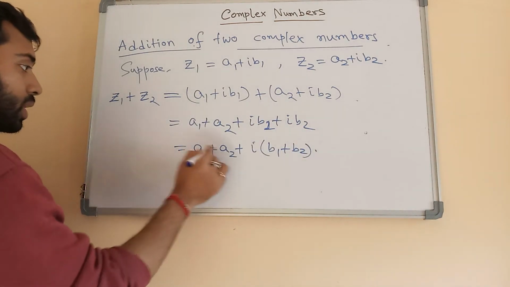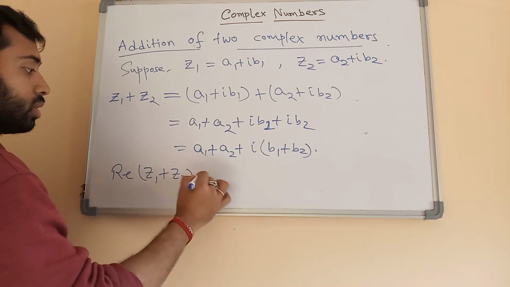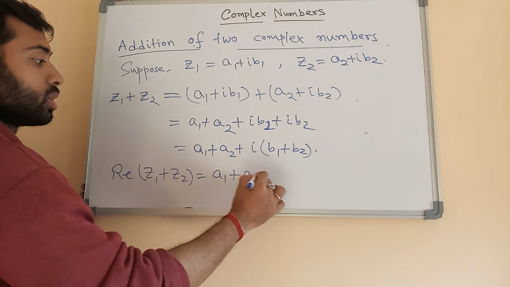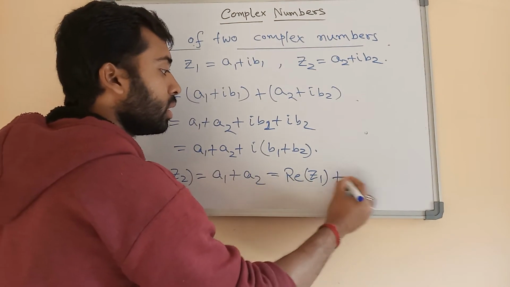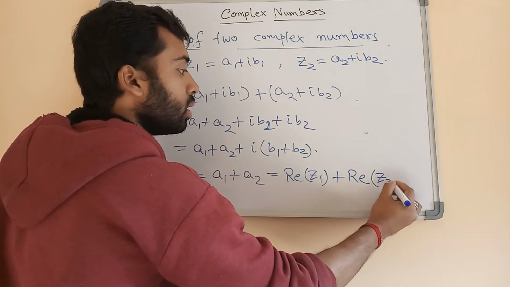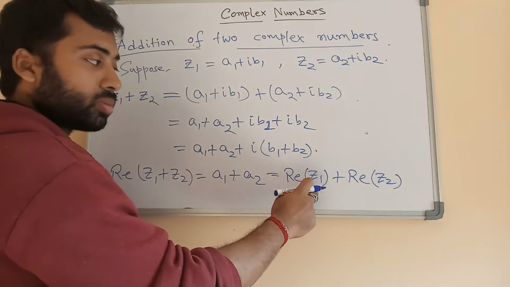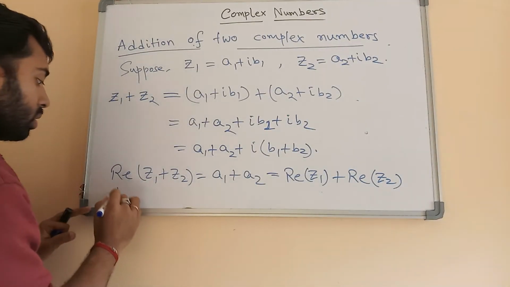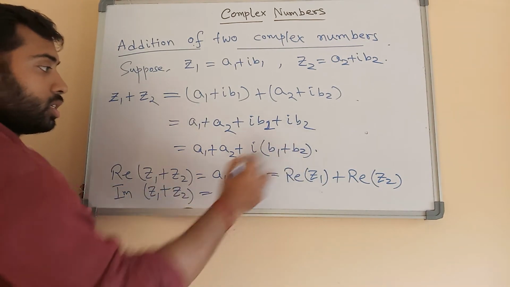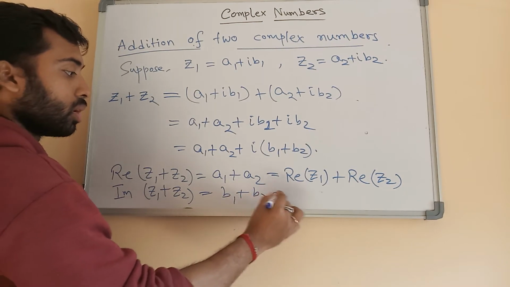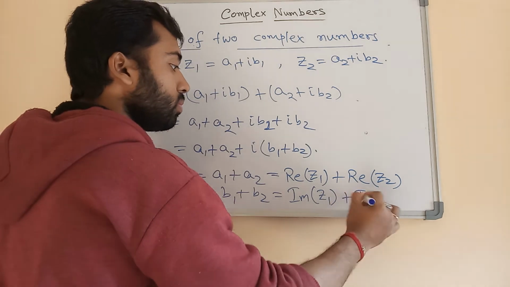So from here we can say the real part of z1 plus z2 will be a1 plus a2, where a1 is the real part of z1 and a2 is the real part of z2. That means the real part of z1 plus z2 equals the real part of z1 plus the real part of z2. Similarly, the imaginary part is b1 plus b2, which we can write as imaginary z1 plus imaginary z2.